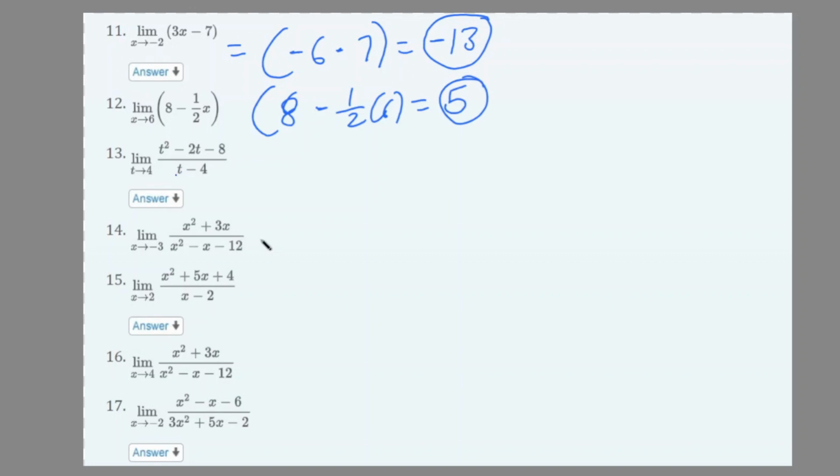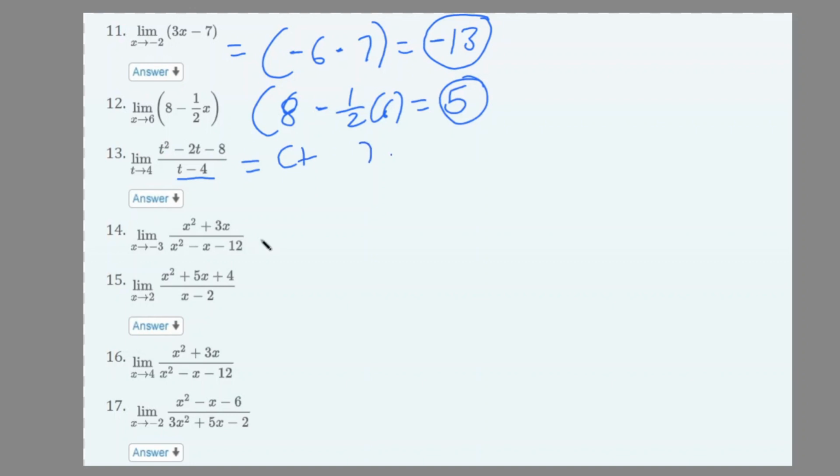Now number 13, as t goes to 4, we are given this. If you notice, on the denominator, if you plug in 4, it gives us 0, which would be undefined. So in order to counteract that, what we're going to do is factor the numerator and see if we can do anything about the denominator.